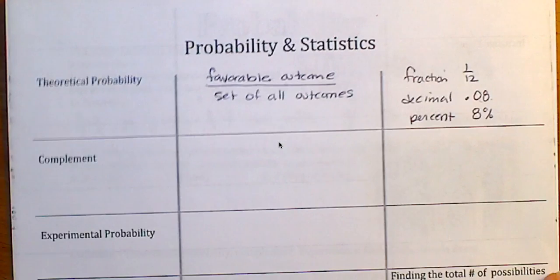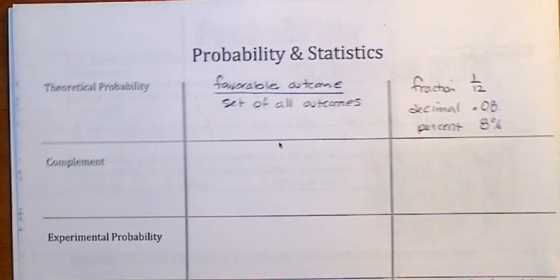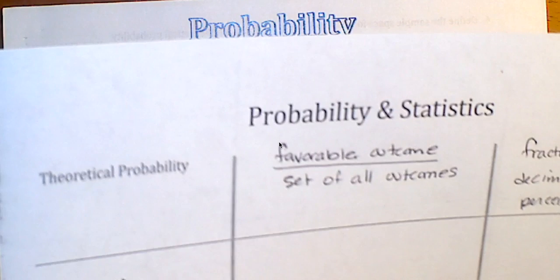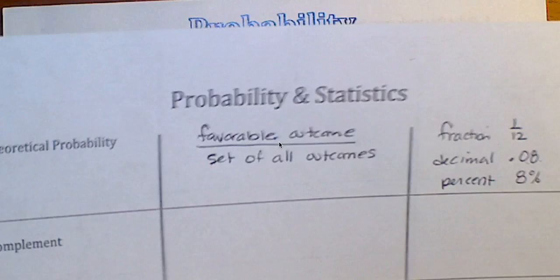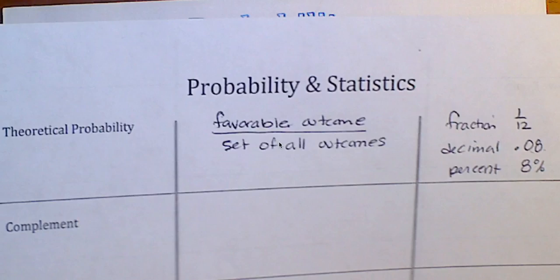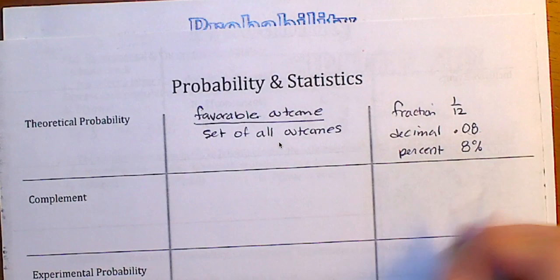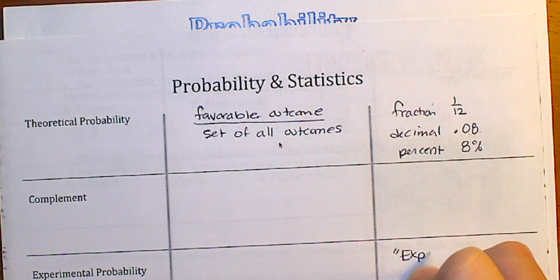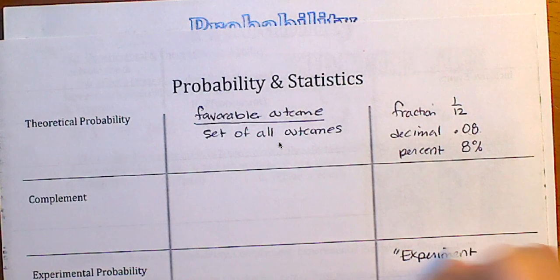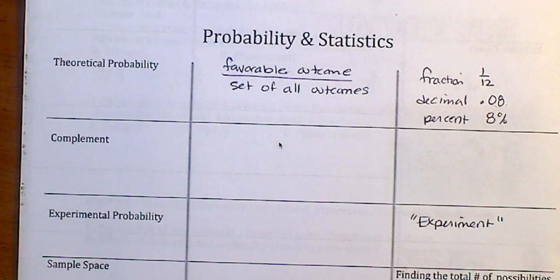This is different from what is called experimental probability. Experimental probability is when you actually run an experiment where something actually happens. So you toss a coin 10 times and heads comes up 8 times and tails comes up 2 times, then your experimental probability would be 8 out of 10 for heads, okay?